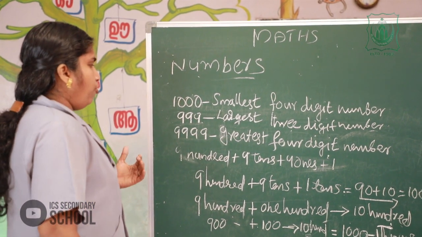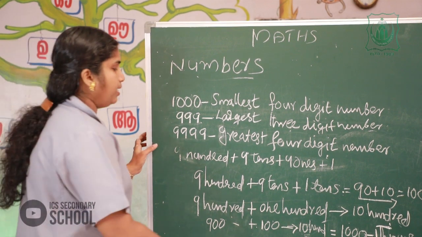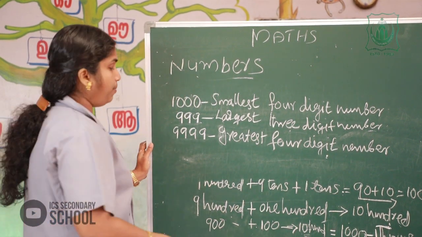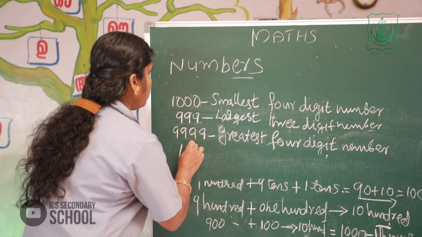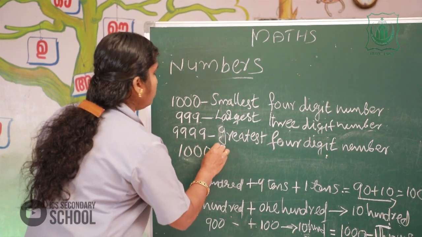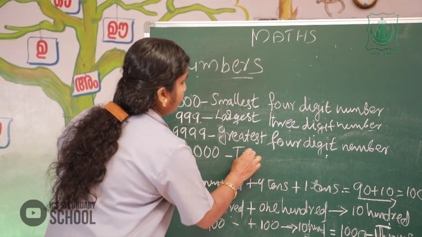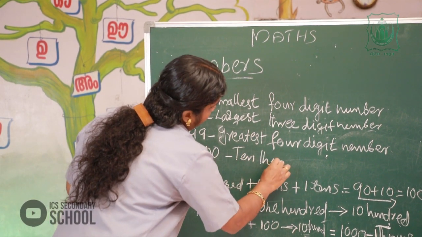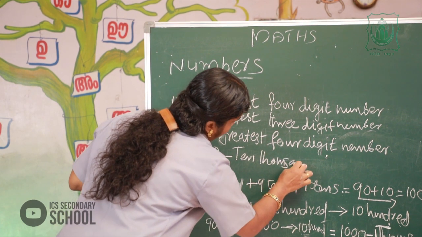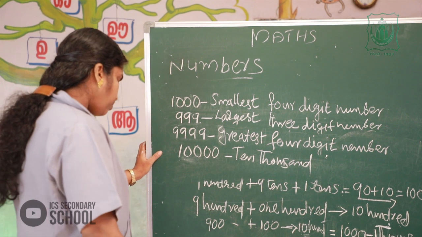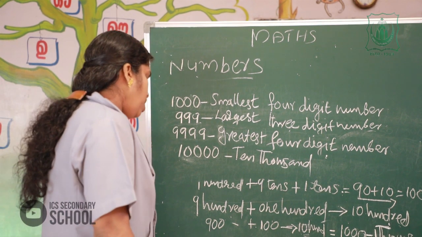It comes just before 10,000. How many zeros are in 10,000? 4 zeros.